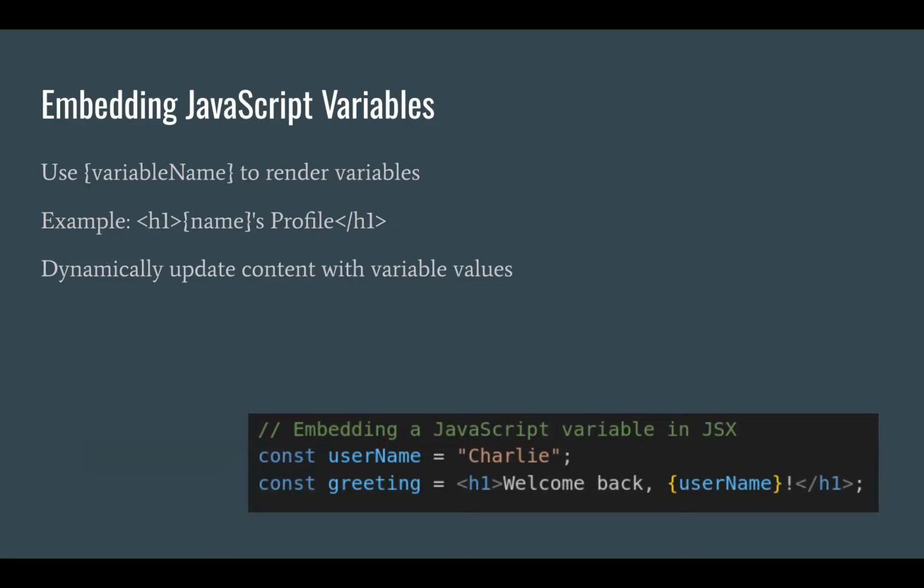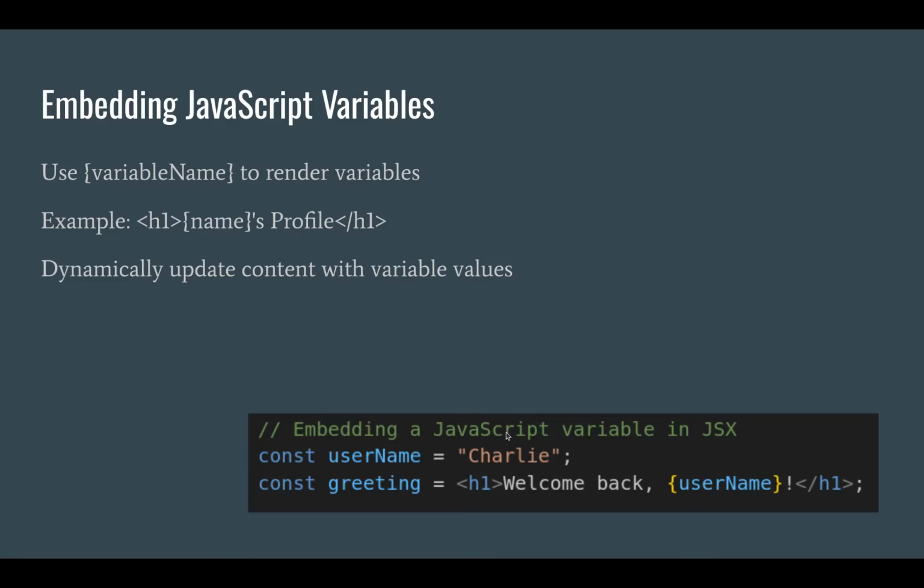Embedding JavaScript variables. So curly braces allow us to embed JavaScript variables directly into our JSX. This is really powerful. Here's an example. Imagine a scenario where you want to display a user's name, and this user's name is maybe fetched from a database and then is within your component's UI.